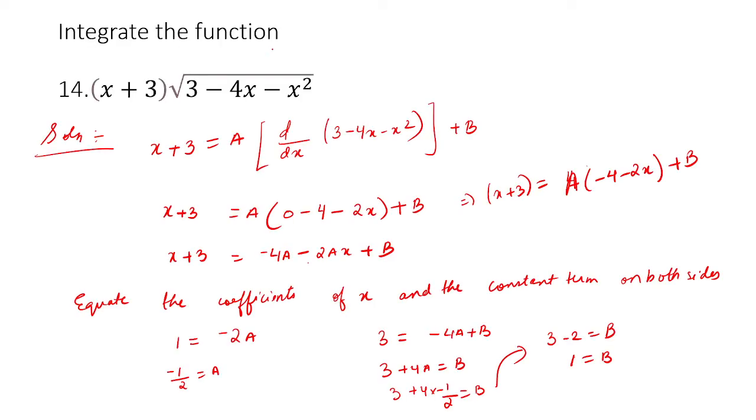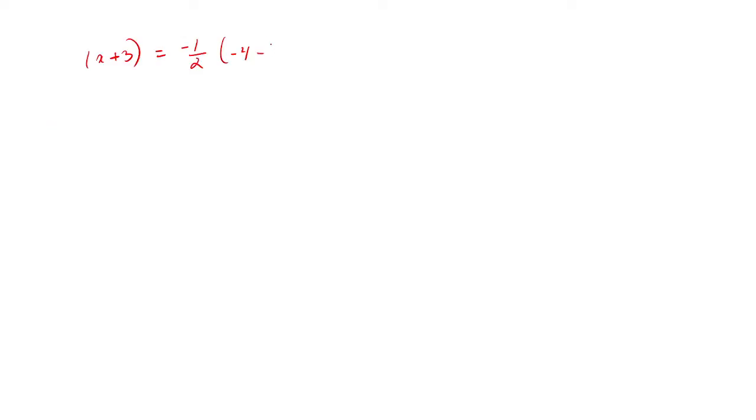So x plus 3 is going to be, your a is minus half, and under the bracket it's minus 4 minus 2x plus 1, because b you got it as 1, right? So you just substitute this.